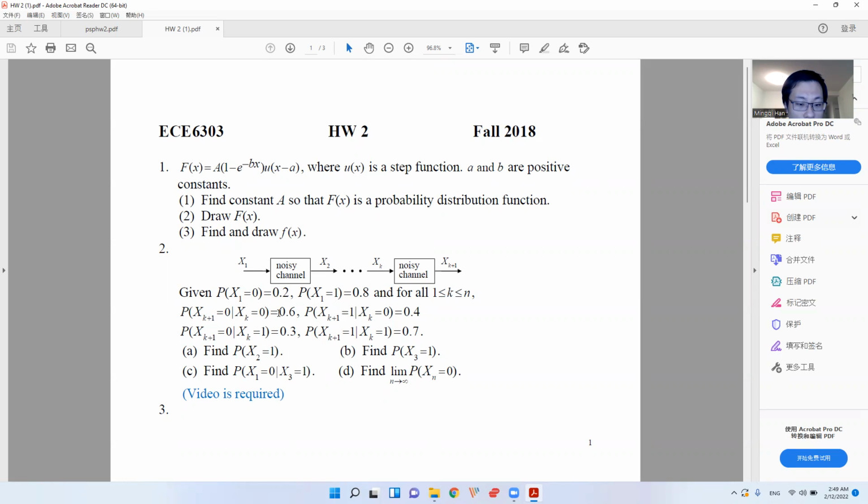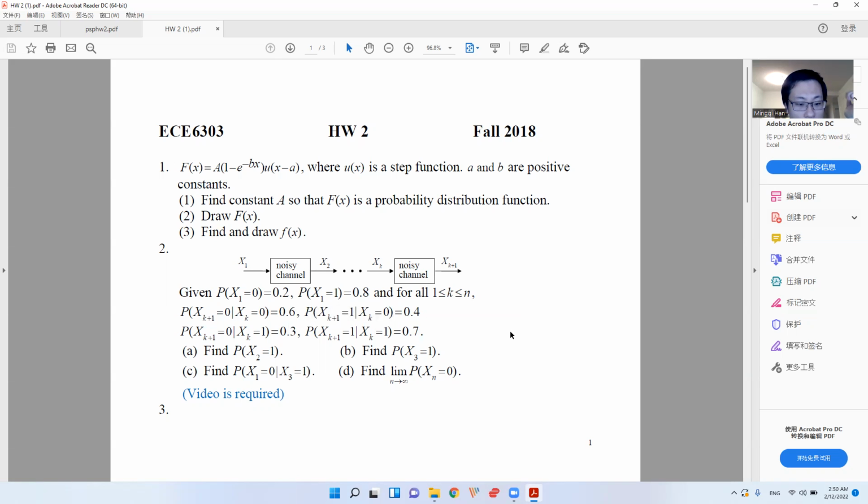So the probability of the output being 0, given that the input is 0, is 0.6, and the probability that given input 0, the output is 1, is 0.4, and the others are 0.3 and 0.7 respectively.